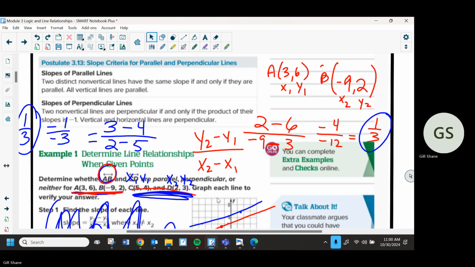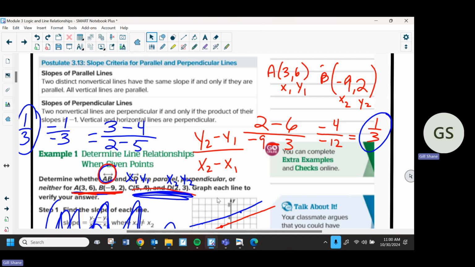Line graph. You don't connect them all. It's not a shape. It's two lines. The line of points A and B would have connected A and B. That's a line. I better show that.